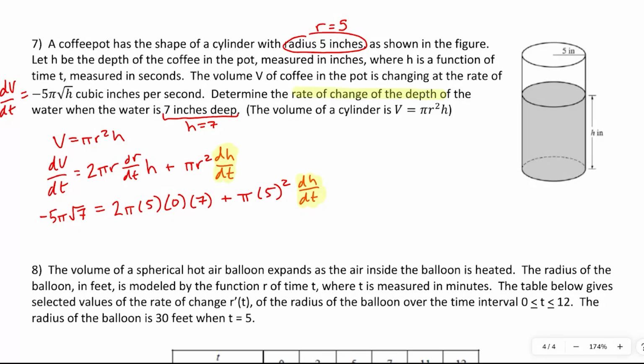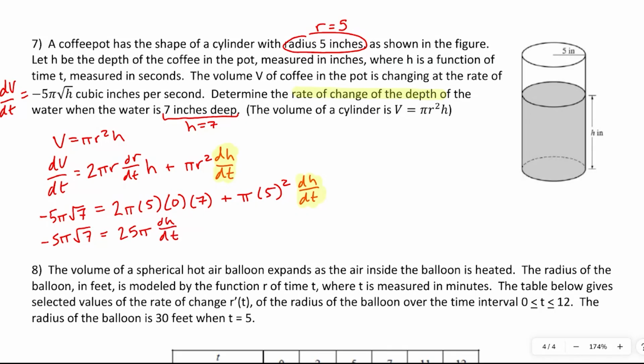Okay, so notice on this first term on the right-hand side of the equation, we've got a 0 as a factor. So that's just going to be 0, right? So I'm going to just rewrite this as negative 5 pi root 7 equals nothing plus 25 pi dh/dt.